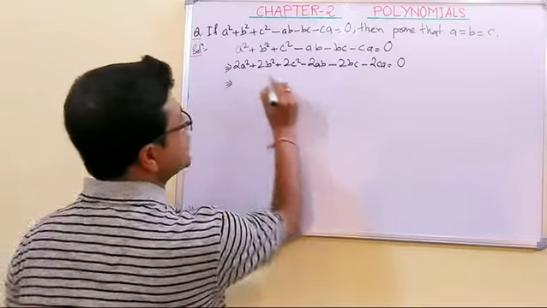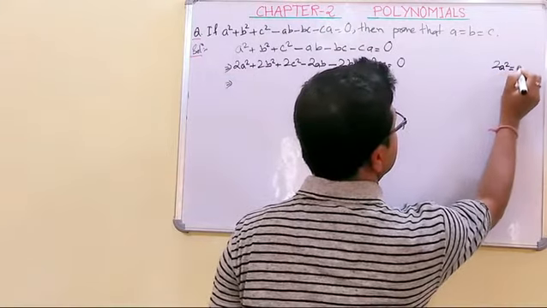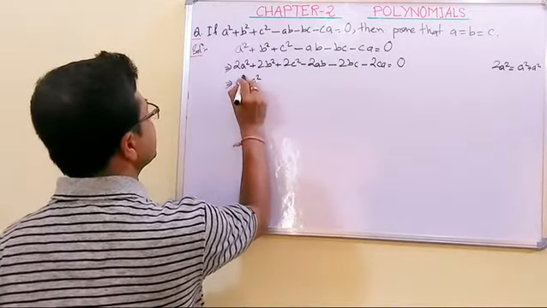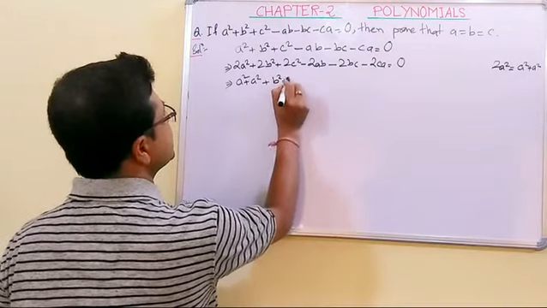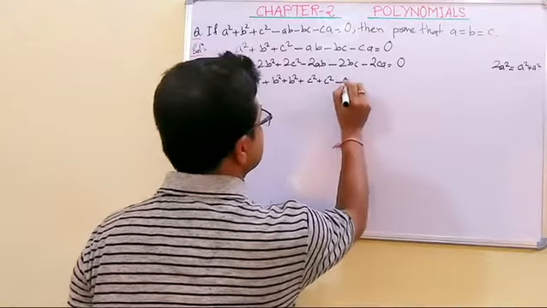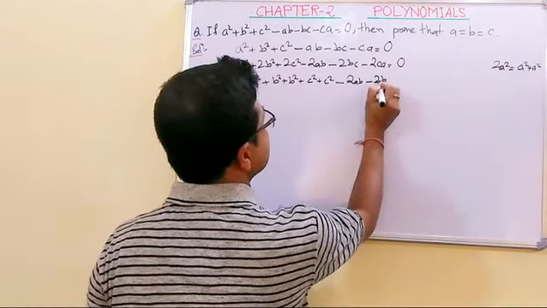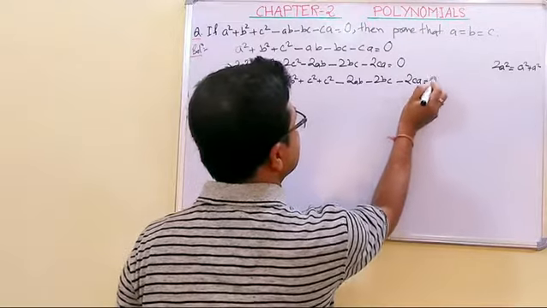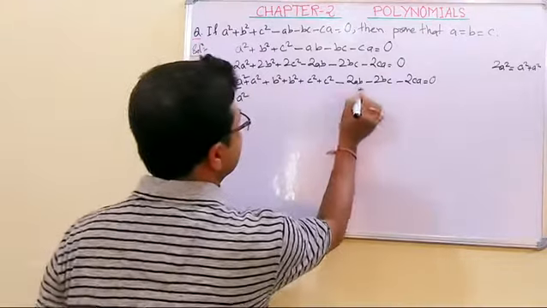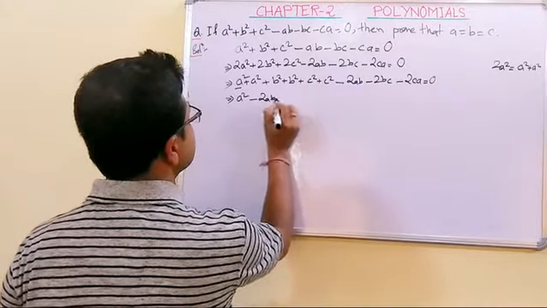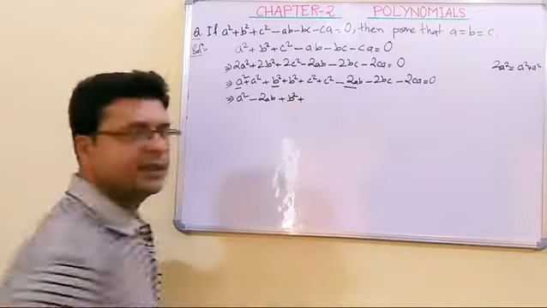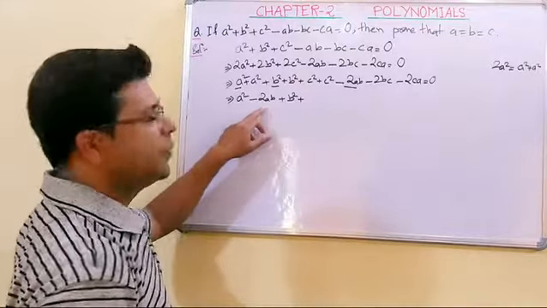Now this 2a square can be written as a square plus a square, 2b square as b square plus b square, and 2c square as c square plus c square, and the rest as twice ab, minus twice bc, minus twice ca. Now let us arrange: a square minus 2ab plus b square. This will be of the form (a minus b) whole square.